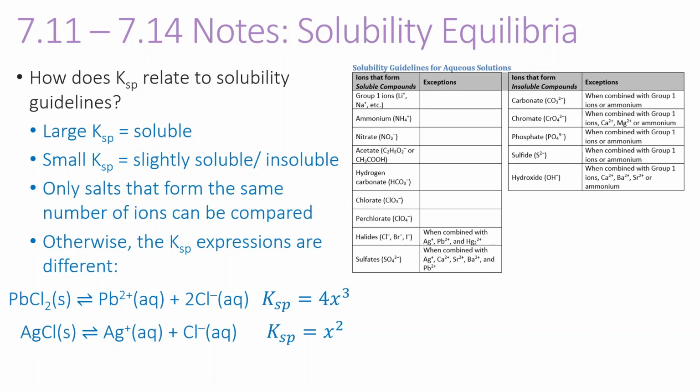Because these expressions are different, I can't really compare the KSP of lead chloride to silver chloride and make any meaningful comparison here. I can't say lead chloride is more soluble than silver chloride because I can't directly compare these because they form a different number of ions.